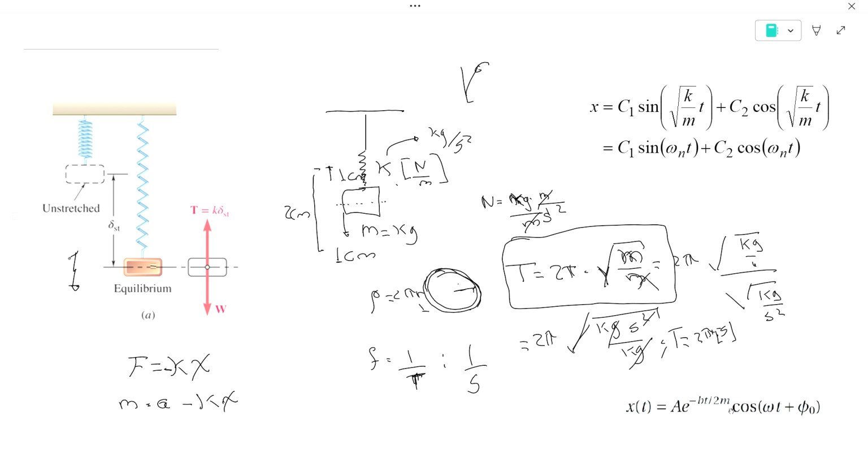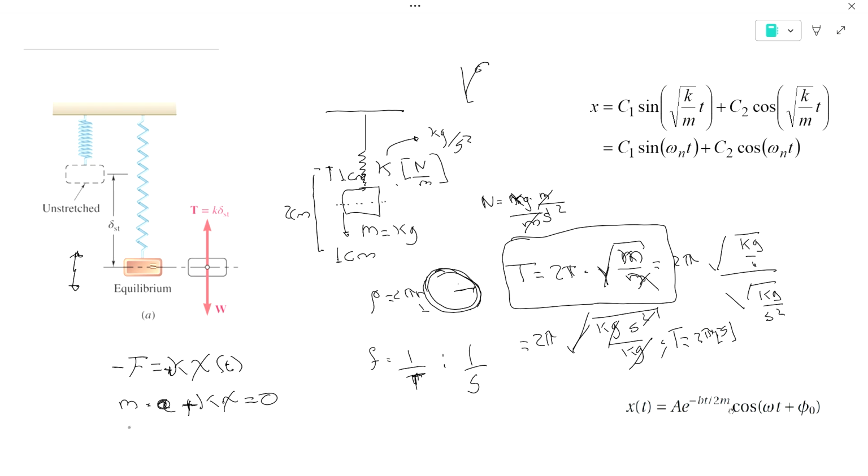If you say it's positive up, then the spring force is negative. All right. So when you bring it to the other side, it's plus, equal to 0. Perfect. So we have m times a, the mass times the acceleration, plus the constant k, which is dependent on the spring, times x. And x is a function of time.